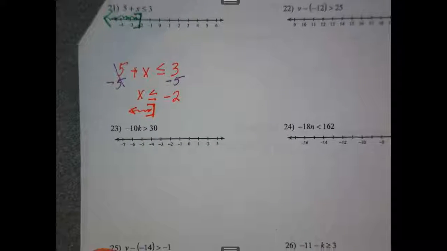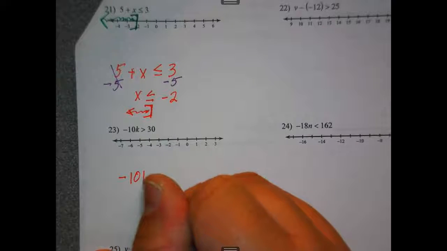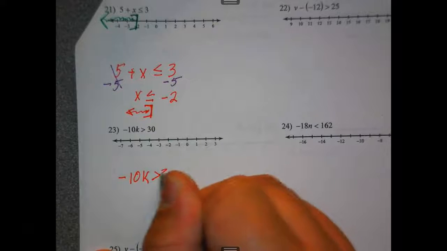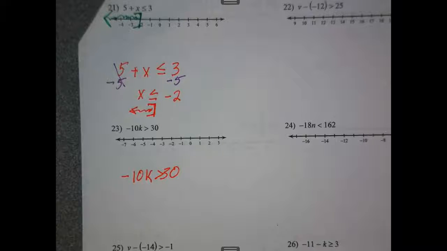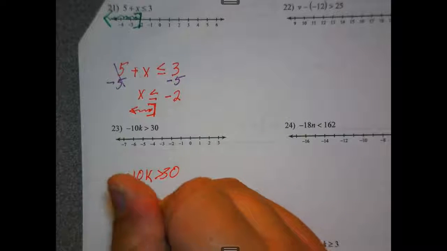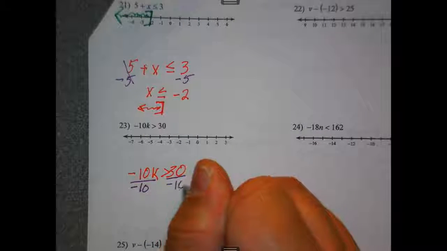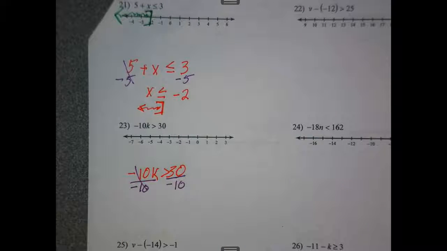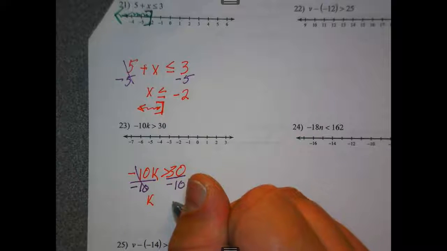23. I have -10k greater than 30. I'm going to have to divide both sides by -10. So I have k. 30 divided by -10 is -3.